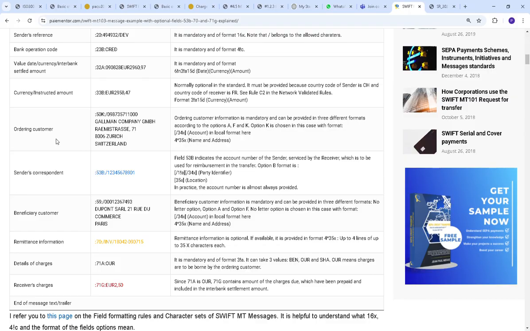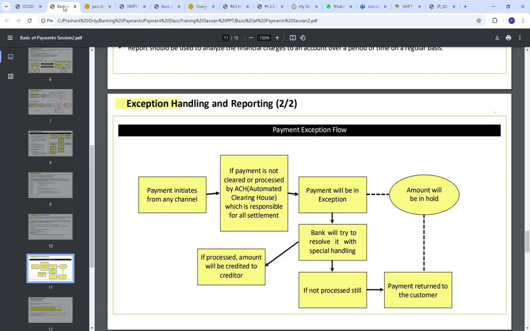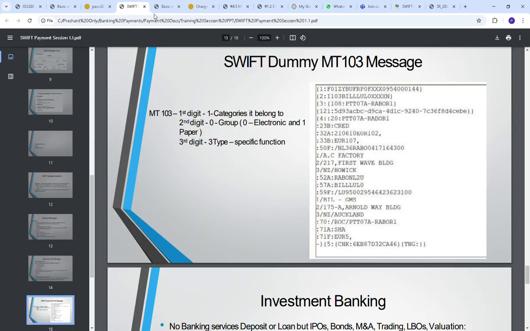Now this one is the account, and the next is the bank. Then 50F is done, ID code and address. Now 52A: 50A is the sender. For example, Shruti is sending payment to Priya.